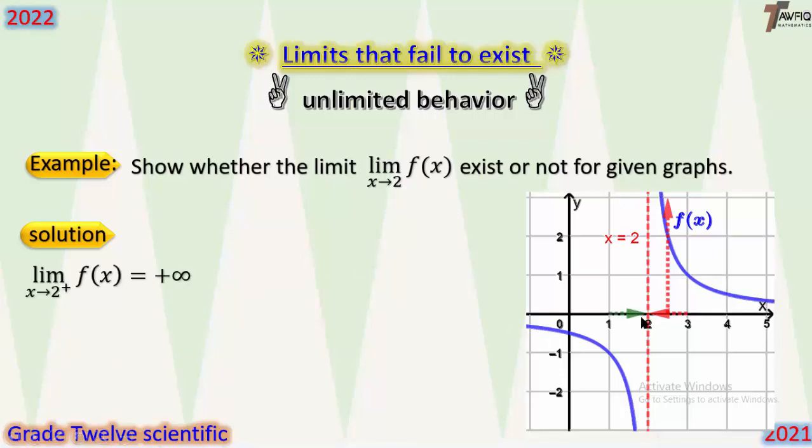But when we approach 2 from the left, you can see that the function goes down, decreasing without bound. That means the left limit is minus infinity. Therefore, the limit does not exist.